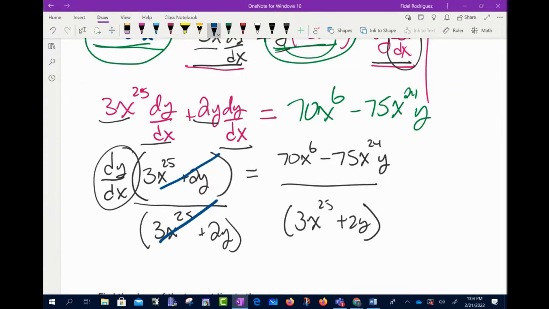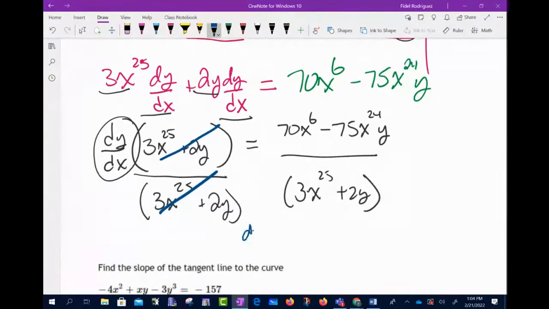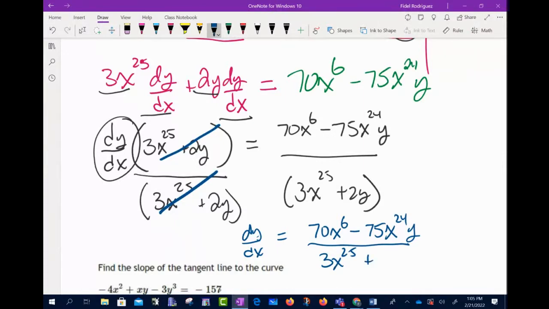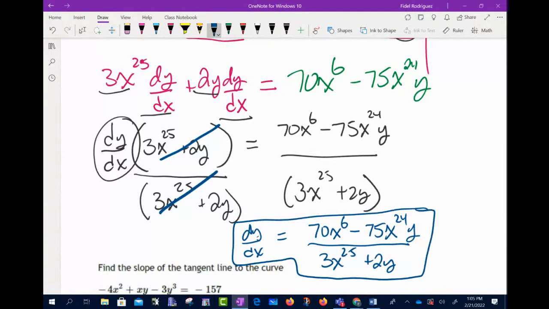And we're going to be left with dy dx is equal to this rowdy old expression. And there's my derivative. That's where we're going to stop it.